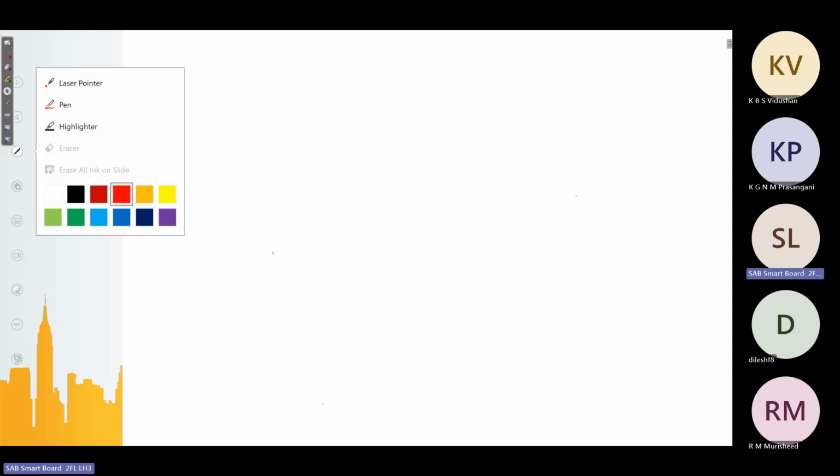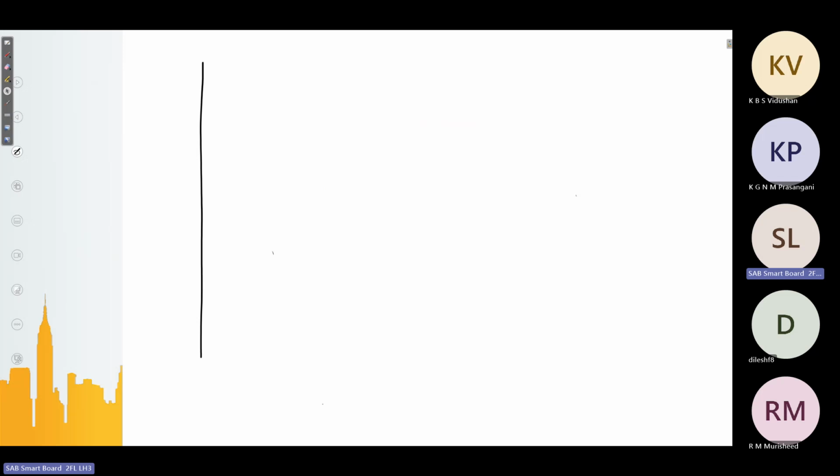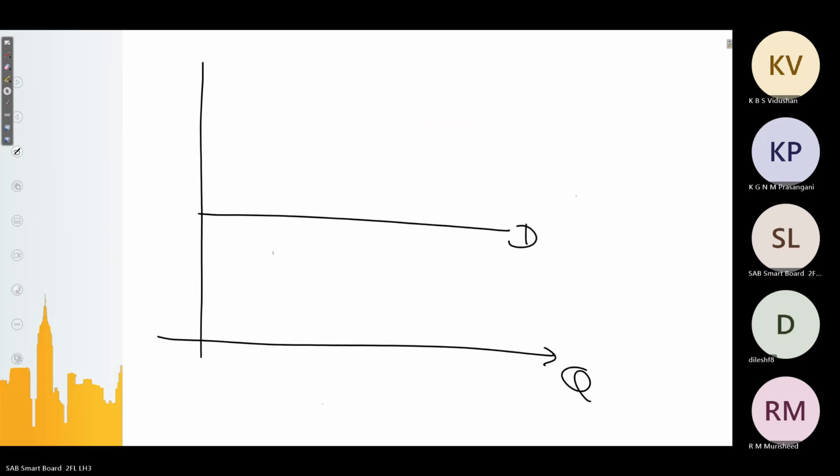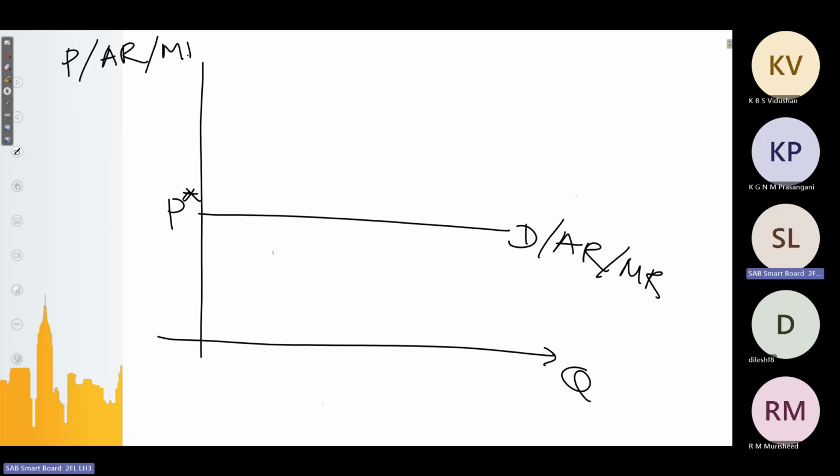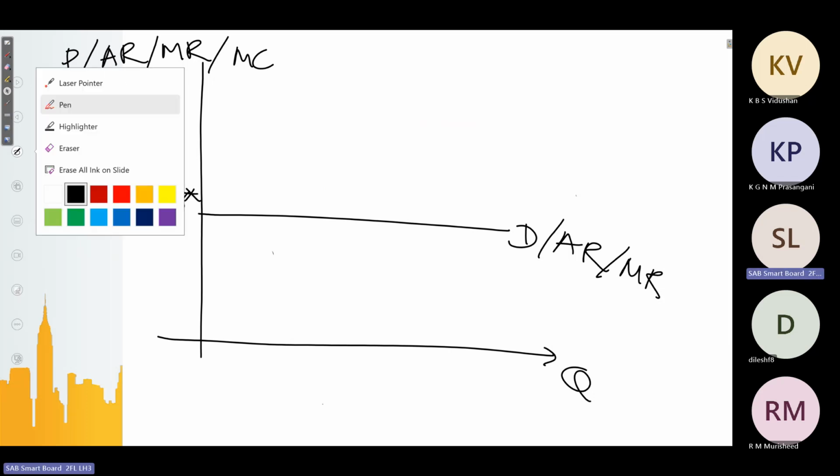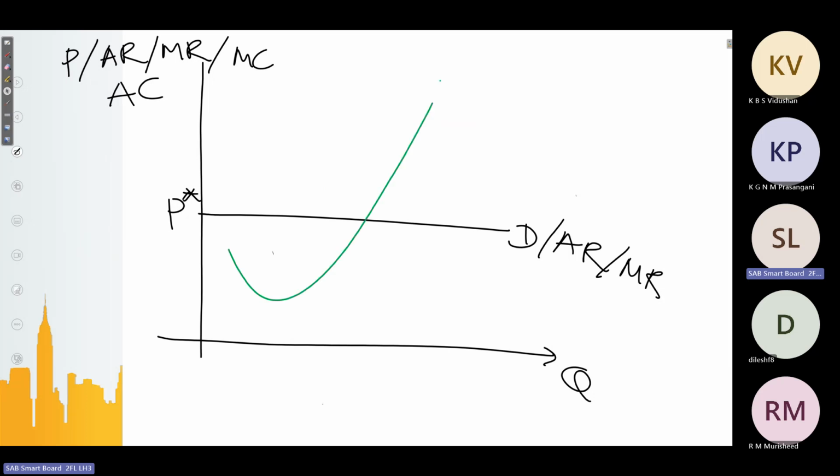We have the same diagrams: average revenue, marginal revenue, equilibrium market price, average revenue, marginal cost, and average cost. This is marginal cost, and average cost will look like this.